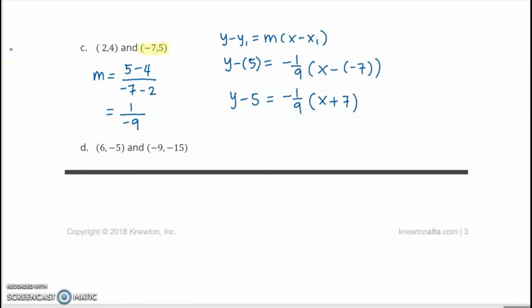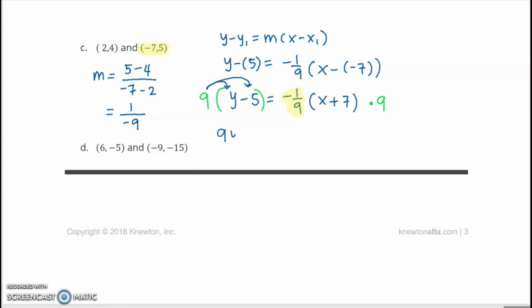Now a simpler approach also is to remove the denominator here. To remove this 9 in negative 1 over 9, all we need to do is multiply both sides of the equation by 9, so we will not have any denominator. And then you distribute this to each term in the parentheses.